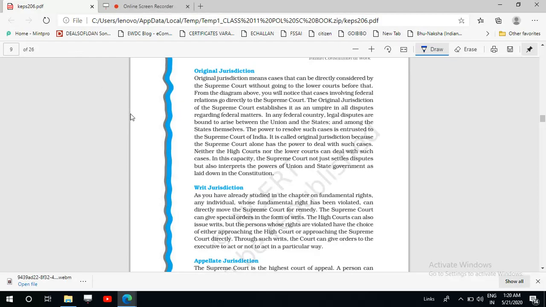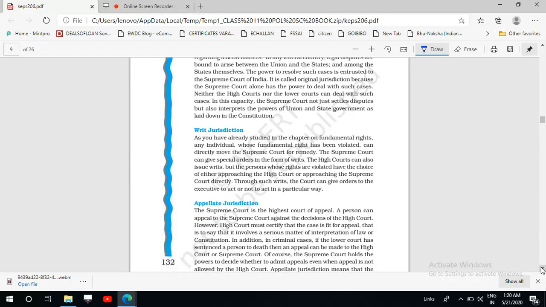And in this regard, all the writs are almost the same which have been discussed in the fundamental rights chapter. So, we will see the Supreme Court can issue writs of habeas corpus, which means to have the body.